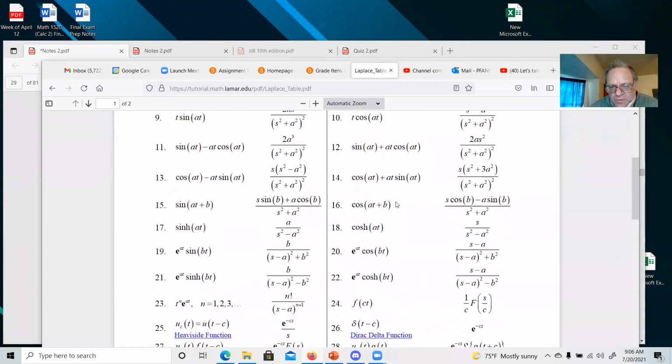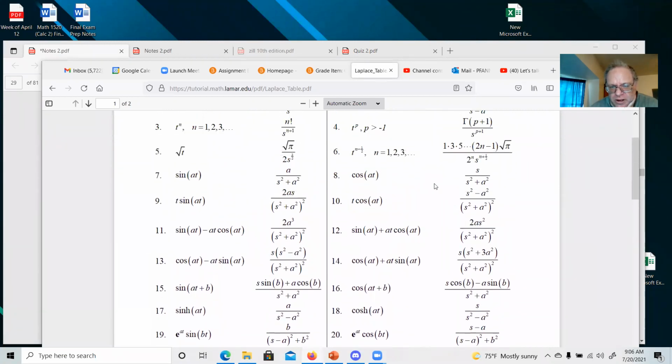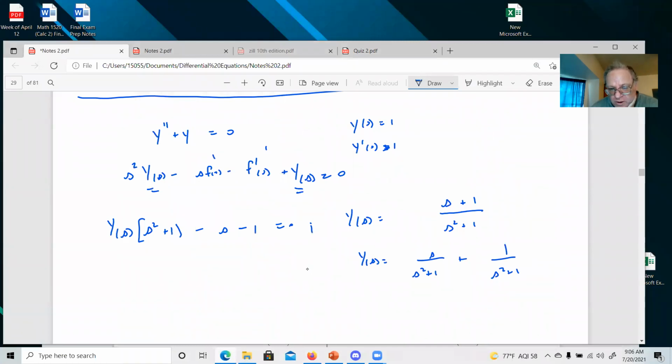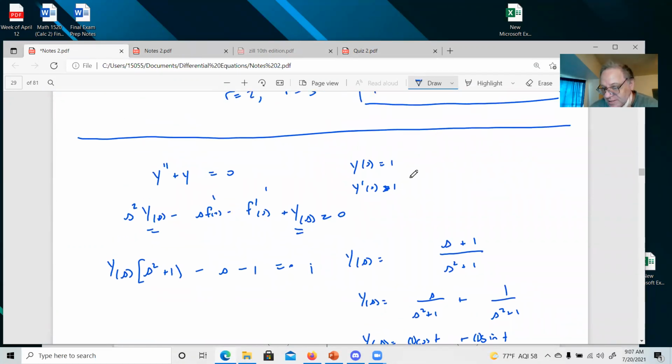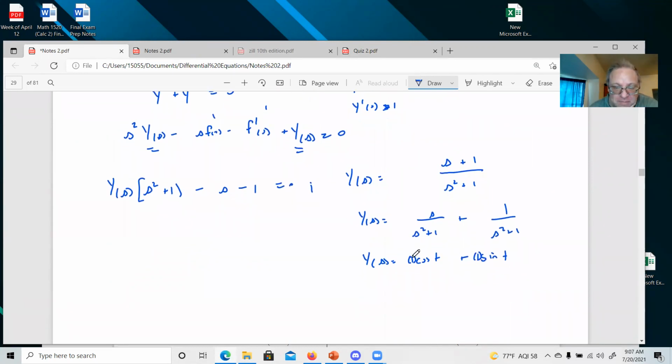If I have s squared plus a squared on the bottom, we get a cosine t plus a sine t, with just the a here. So we're going to have our cosine plus sine. So y of t is equal to cosine t plus sine t. The coefficients at the beginning here were both 1s because that's how I set it up. If we made them other things, then this would be different pieces here.